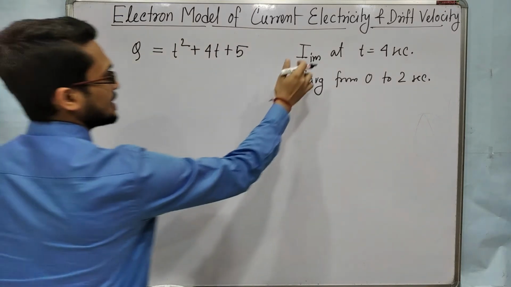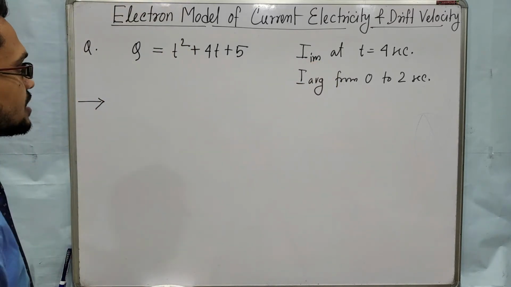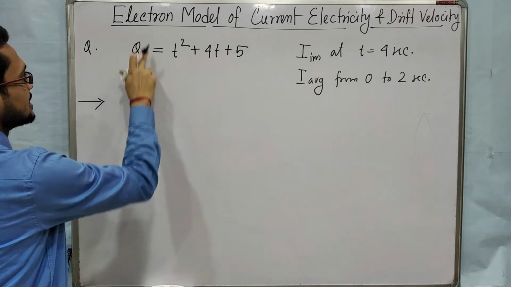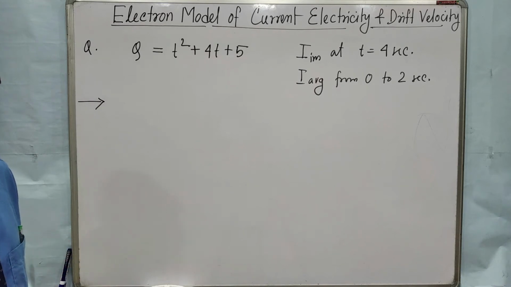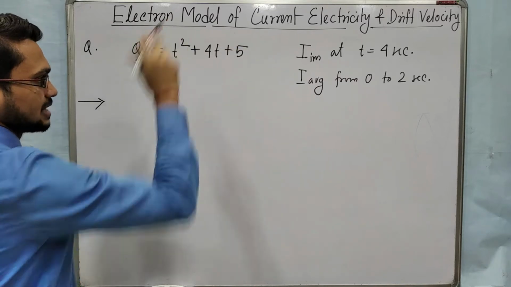So for I instantaneous we have to use the derivative, the differentiation formula, because here the charge flowing through any cross section is not constant with time; it depends on time, like this equation.